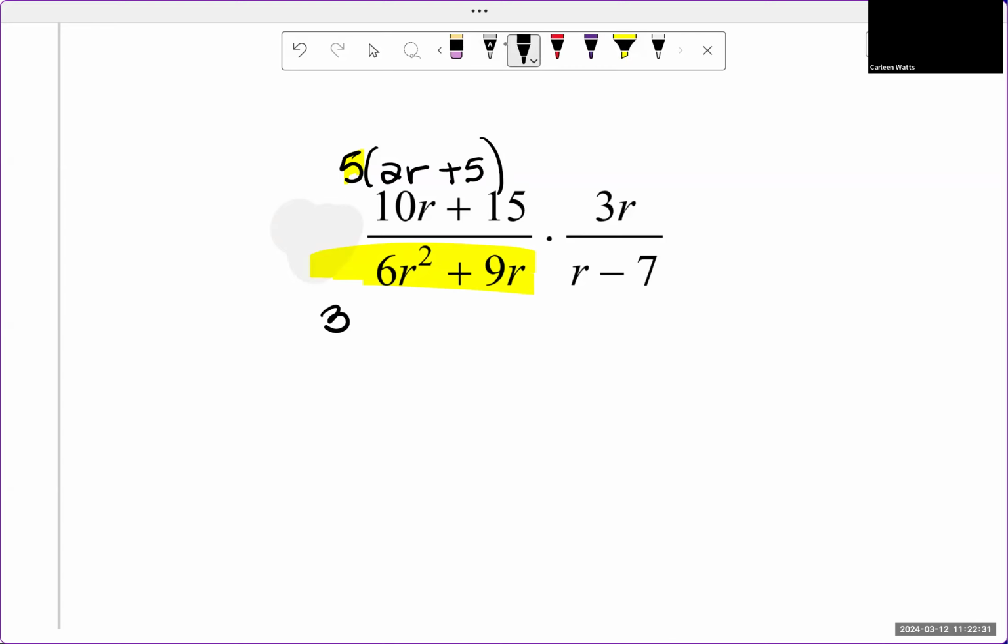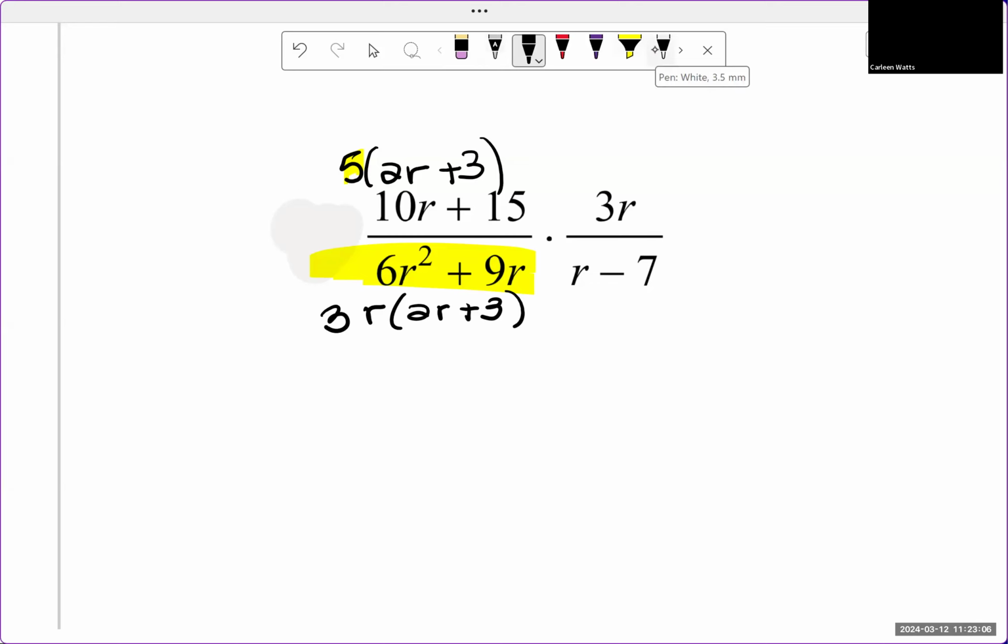Three. 3r. And I have 2. Oh, I have a typo. Now I'm going to look at the top one and make sure the top one is correct. Is the top one correct or do I have a mistake? Oh, you put a 5. Oh, that's not a 5, that's a 3. Oh, look what we have now. Matchy matchy.